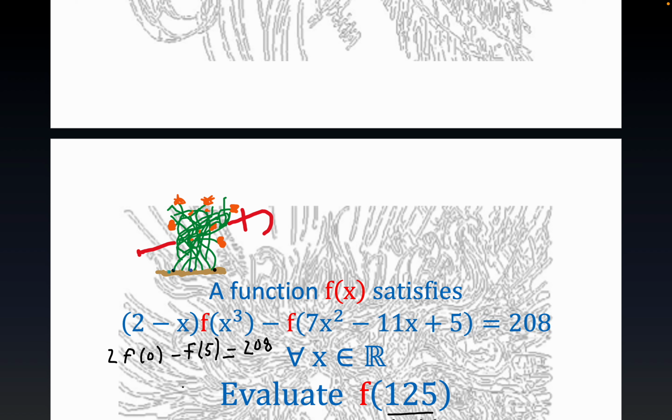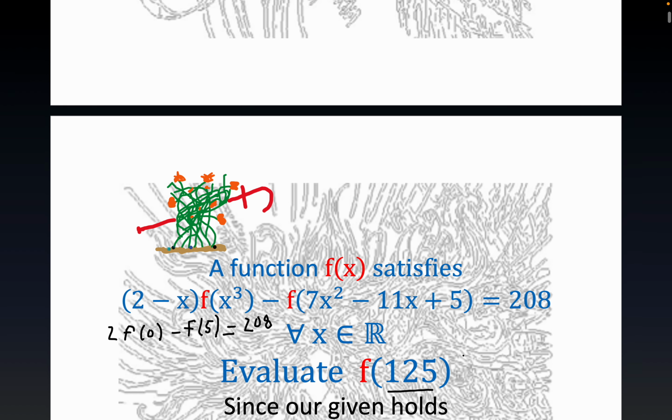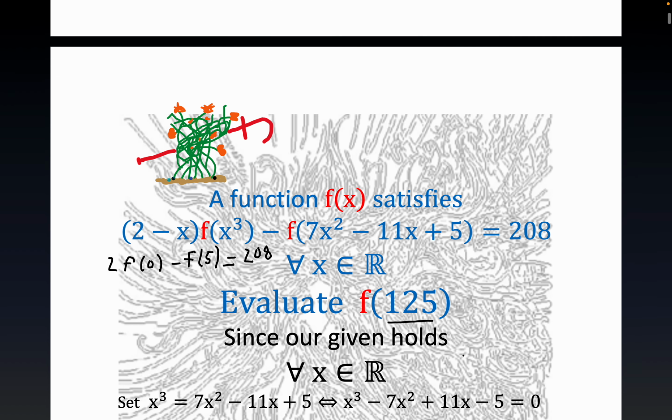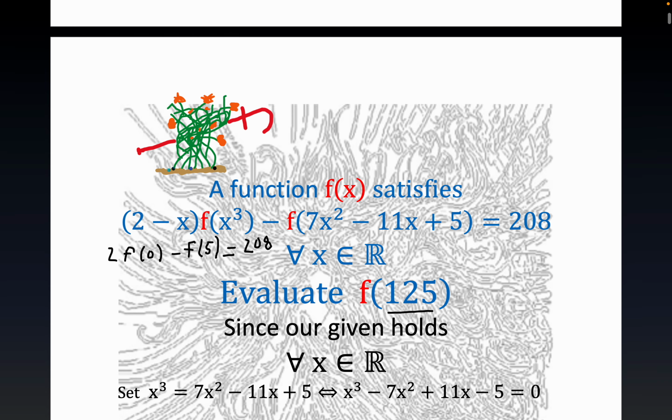Now let's go a step further and see what we can do towards finding f at 125. Again, this has not much to do with the previous part. It's just showing you how you might proceed, using easy constants. Again, I stress our functional expression holds for all real x.